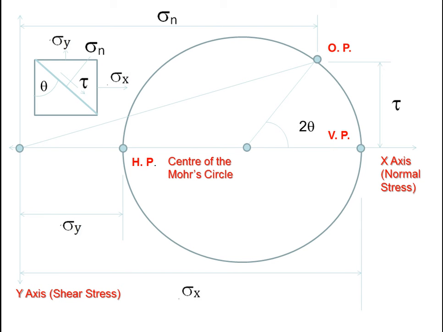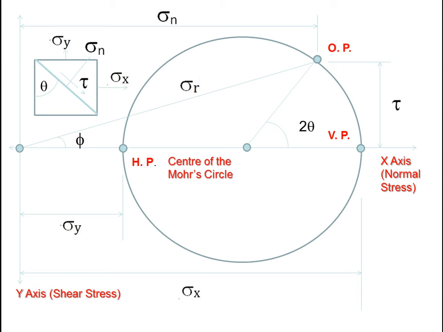In the oblique plane, the resultant stress is also acting. If we join a line between the center of the coordinate system and the oblique plane point, measure it in scale and multiply by the suitable scale factor, we will directly get the resultant stress value in the oblique plane. And if we measure the angle of obliquity directly, we get the angle of obliquity.